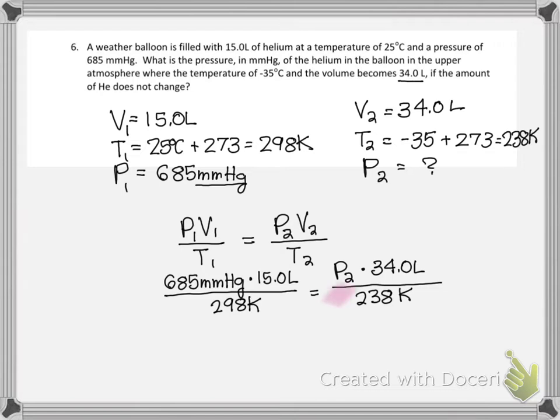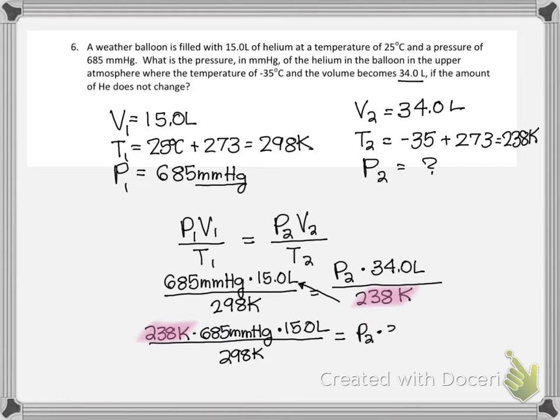The first thing I would do is, I want a marker, not the highlighter. I'm going to cross multiply the 238 over. So now I would have on the top 238 Kelvin times 685 millimeters of mercury, which was already there, times the 15, and then divided by the 298. I just took this number and multiplied it over to this side, and that would equal P2 times the 34.